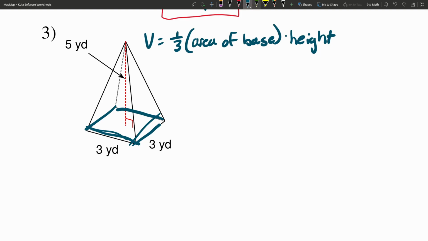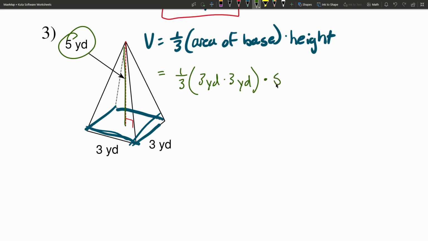So, filling this in, we're going to have 1/3. The area of our base is 3 yards times 3 yards, and that gets multiplied by the overall height of our figure, which is 5 yards. So let's multiply this out.